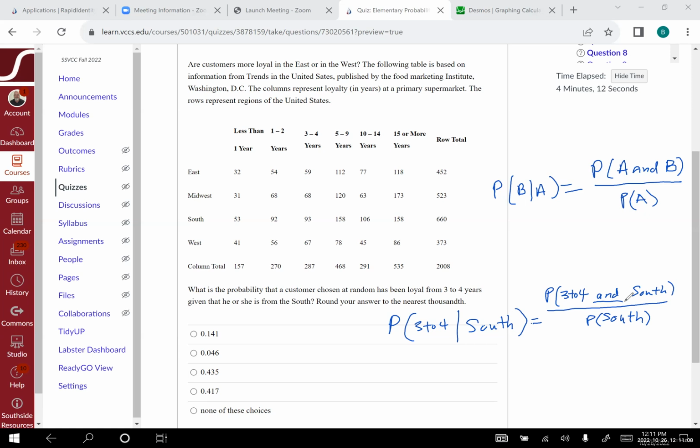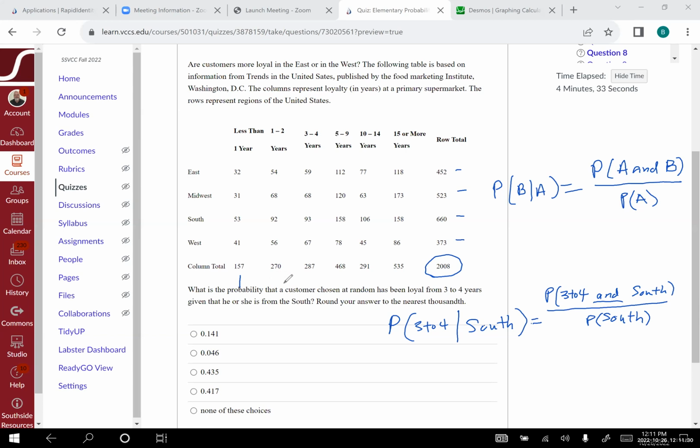Now, how many total people in this survey overall? 2008. Yeah, that's what I think too, Lexi, right here. So if we added up the row totals here, that adds it to 2008.